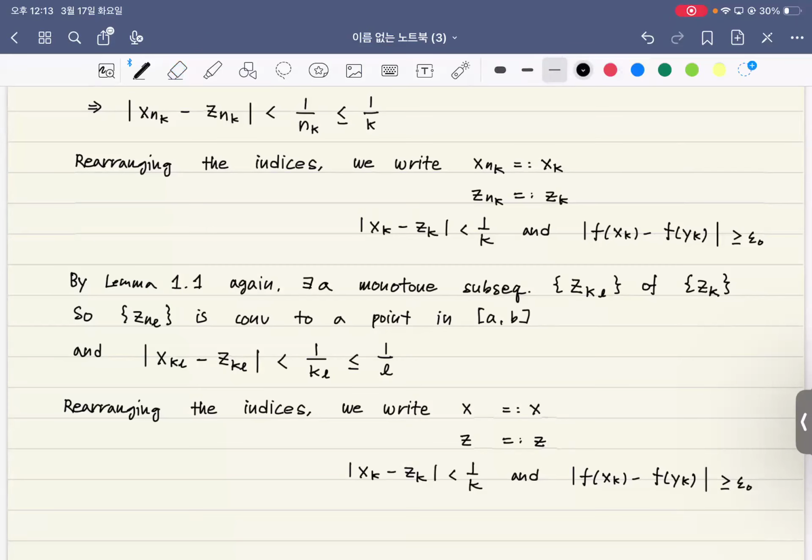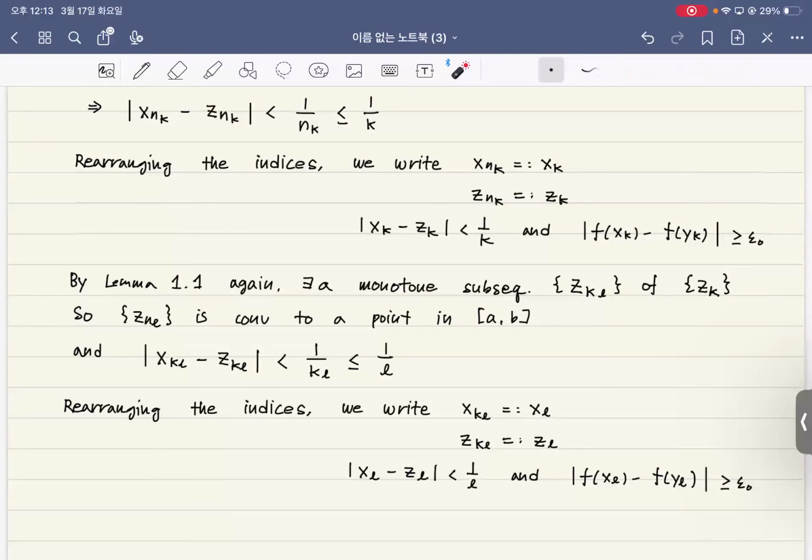So x_{k_l} is xl and z_{k_l} is zl, and xl minus zl is less than or equal to 1 over l, and xl and zl are still greater than or equal to epsilon 0.